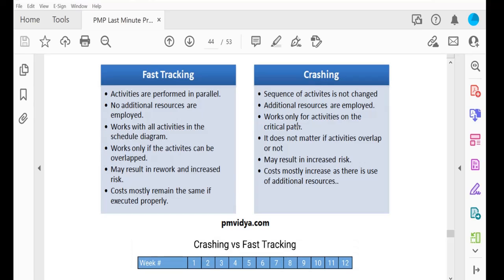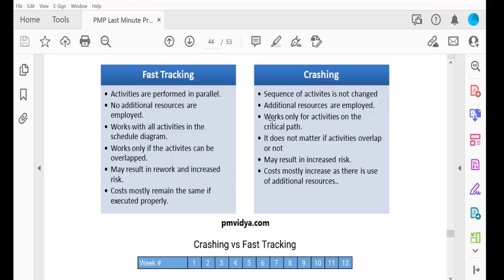So fast tracking means, for example, a sponsor is requesting the project manager to cut the duration by 1 month. For example, we say that we will complete the project in 6 months, but one of the stakeholders comes and says that you have to complete the project in 4 months. So we have two options.